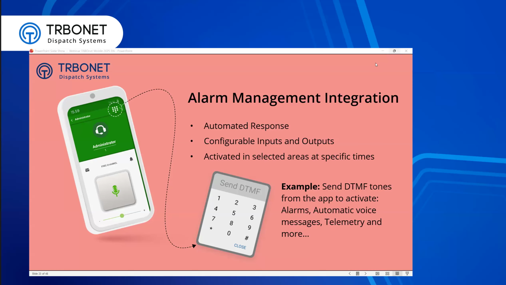It allows you to configure responses based on triggers that might come from the TRBOnet system, from the TRBOnet mobile app, or from third-party systems that might be integrated into the whole ecosystem. Here, for example, in the image, you can see that we can tap on the dialer and, for example, in this case, send out a DTMF message on the call. Okay.